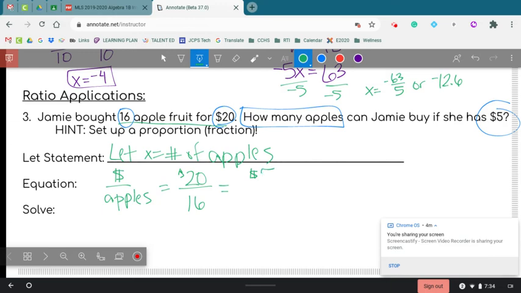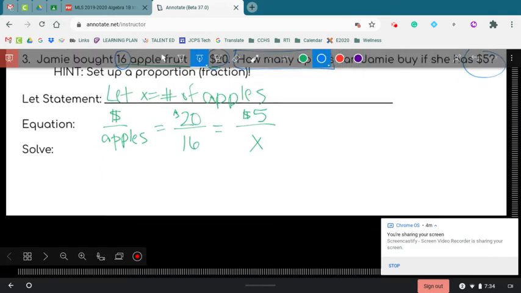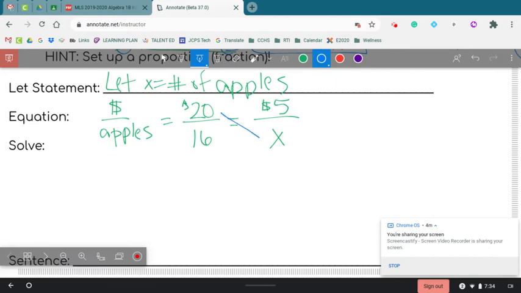How many apples can she buy? We don't know how many apples, so we're going to put x. This is where you're going to cross multiply. You're going to do 20x equals 16 times 5, which is 80. So 20x equals 80. Divide both sides by 20. You're going to get x equals 4.